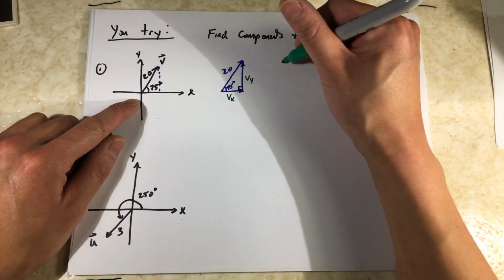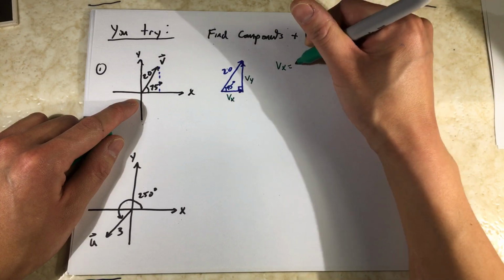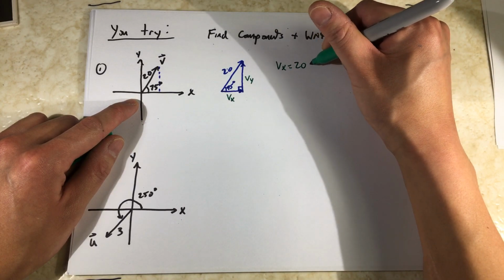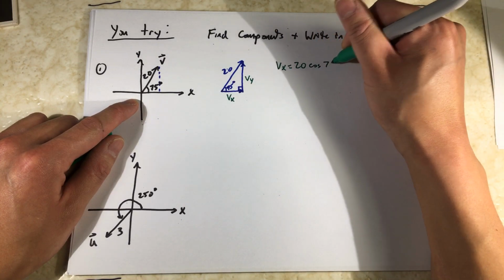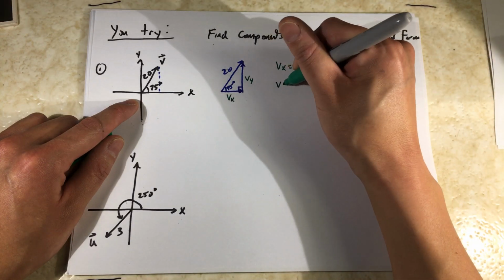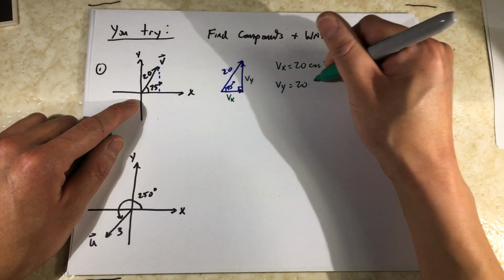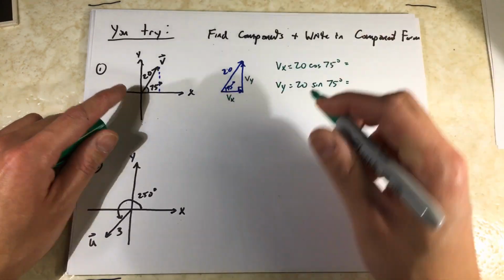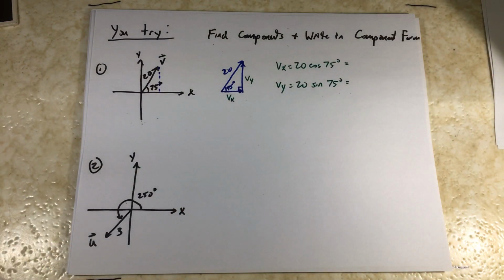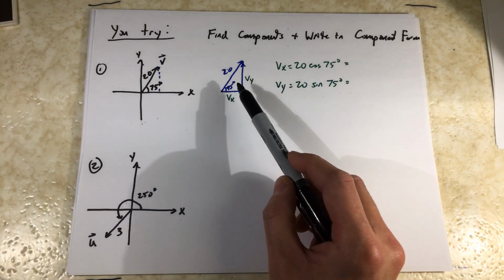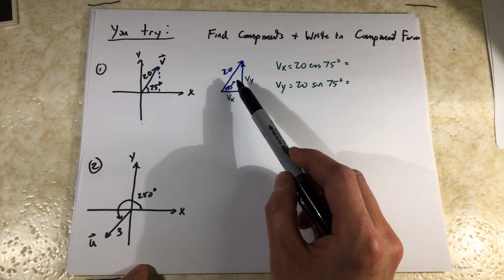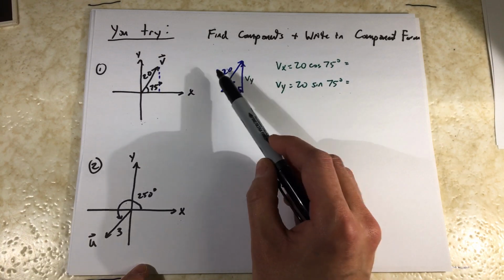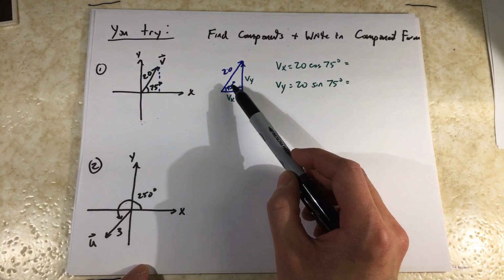All right, so Vx is going to be 20 cosine 75 degrees, and Vy is going to be 20 sine 75 degrees. Again, we derived that earlier. Sine of 75 is Vy over 20, multiply both sides by 20, and you'll get this.